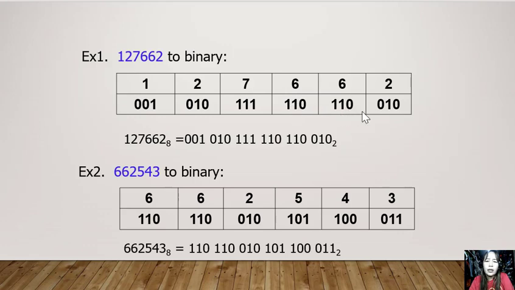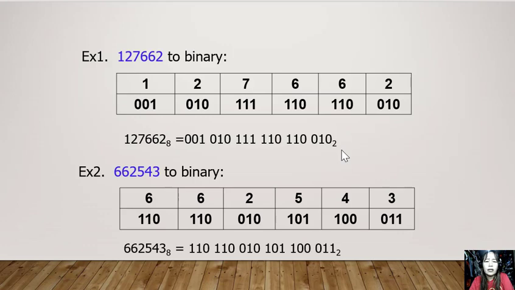And then another 1, 1, 0 for another number 6. And then 0, 1, 0 for number 2, just like your previous number here. So you just copy all of that together without the space, and then you put a base of 2. So that is now the equivalent of your octal 127662 to its binary form.